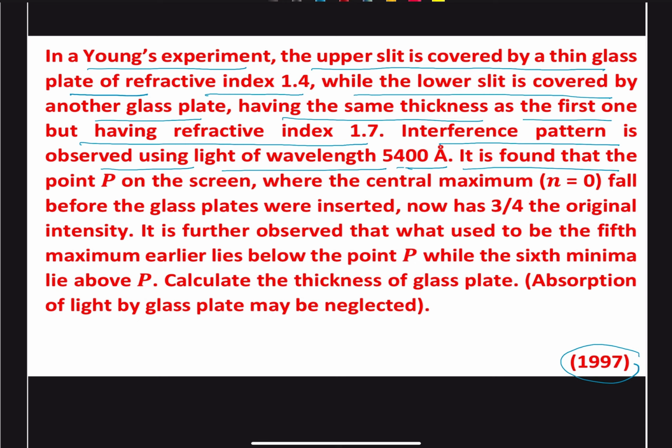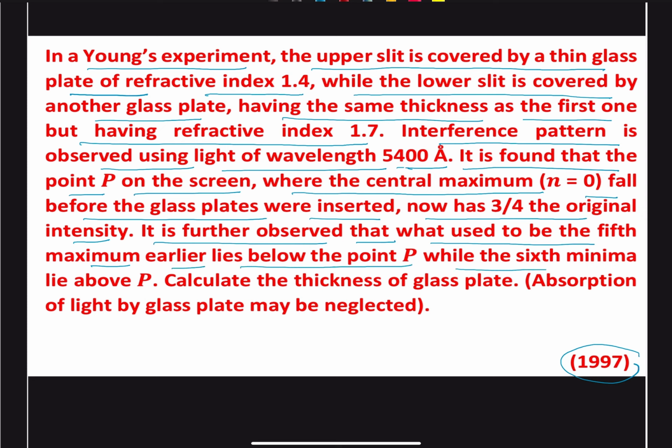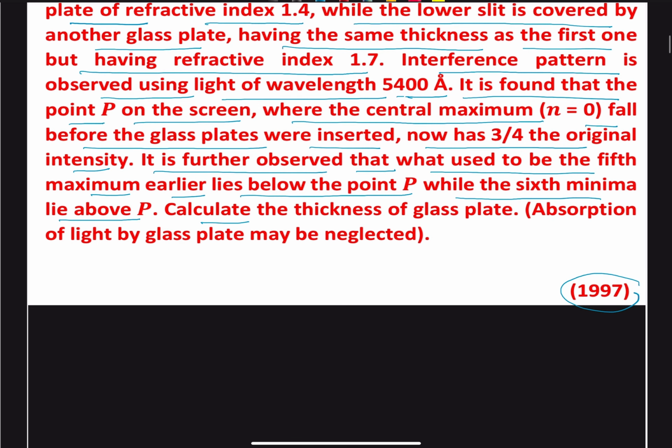It is found that point P on the screen, where the central maxima fall before the glass plates were inserted, now has 3/4 of the original intensity. It is further observed that what used to be fifth maximum earlier lies below the point P, while the sixth minima lie above point P. Calculate the thickness of the glass plate. Absorption of light by the glass plate may be neglected.